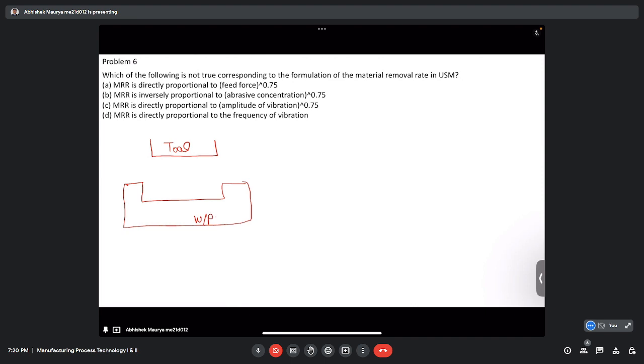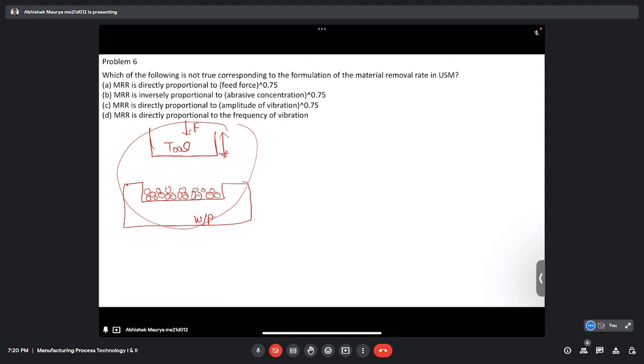And we have abrasive grits. Now this tool will vibrate. We apply some force over it, the feed force, and some vibration. We give some vibration to this tool, and because of this machining will happen.